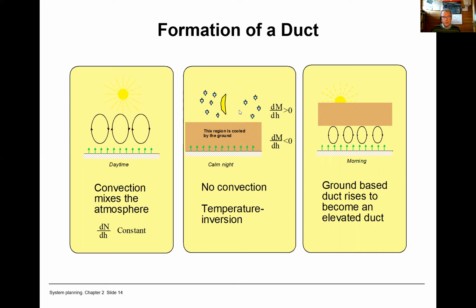That means that the temperature here is larger than down here, and then you have a ground-based duct. In the morning, the sun will start to heat the ground, and this ground-based duct, which has grown through the night, will be eaten from the ground, and then you will have an elevated duct. So no fading during daytime. It starts during night, and it's reversed in the morning hours, typically 1 hour after the sun has risen.